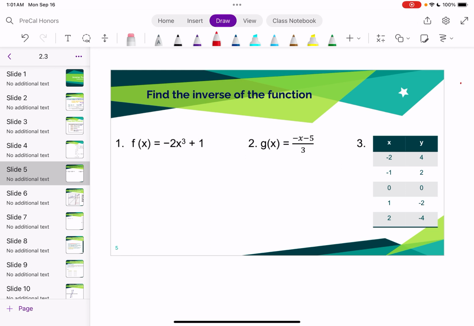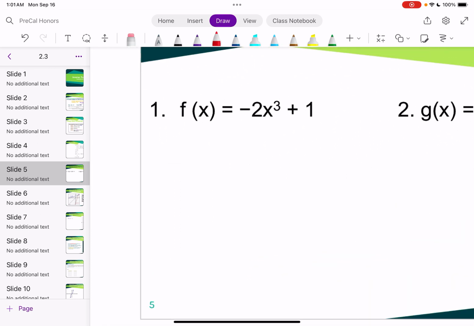So taking a look at example 1. With example 1, the first thing we're going to do is set it so that y is equal to negative 2x to the third plus 1.